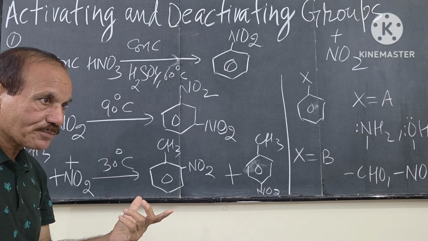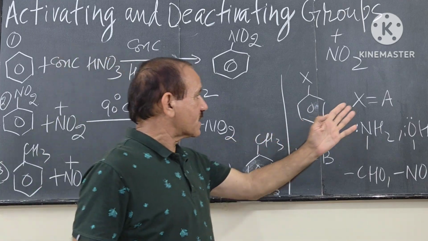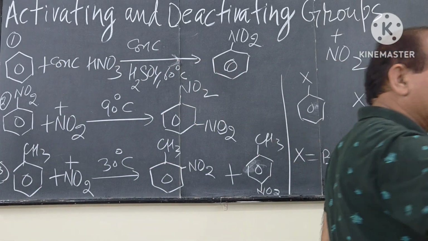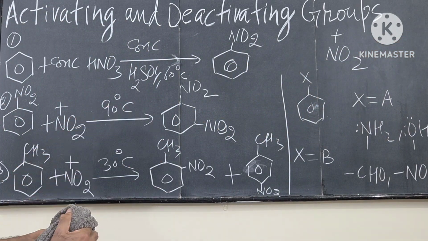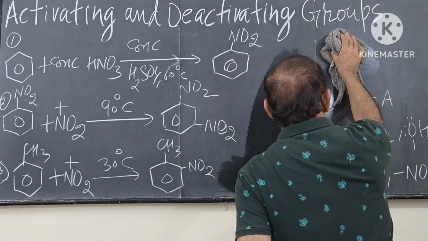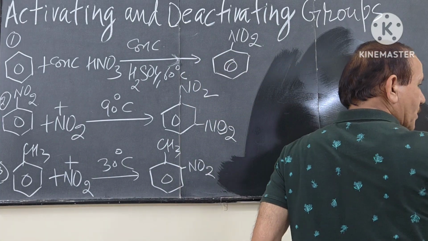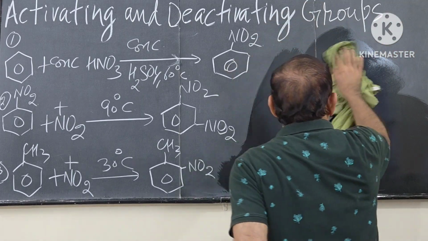Now why do the groups, let's say A and B, increase and decrease the reactivity of the benzene ring? It is because of the following reasons. The reasons are very much obvious.